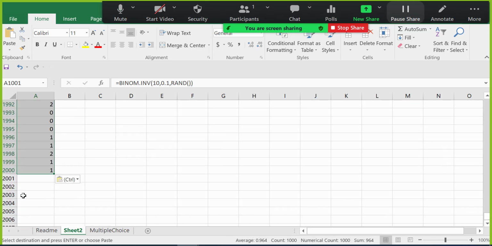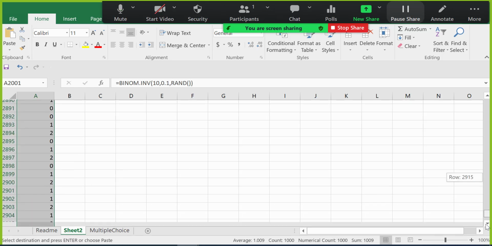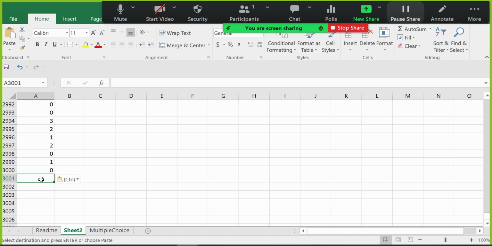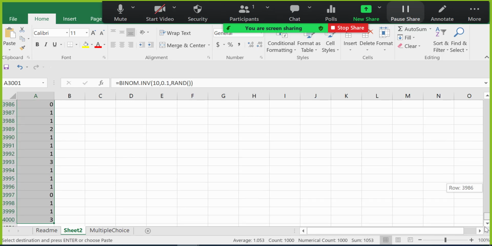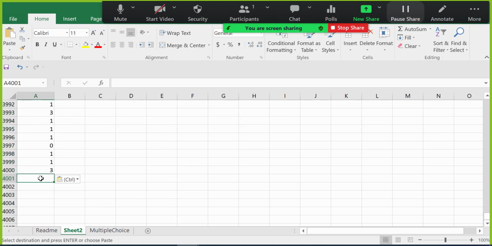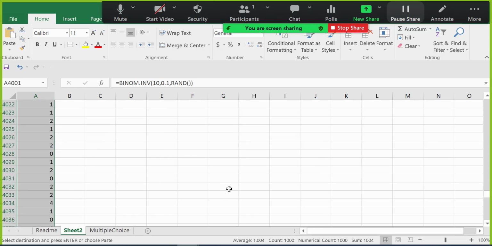And we want 5,000 times. So now I have 5,000 data points. Each point indicates 1 experiment and 1 value of x you observed.